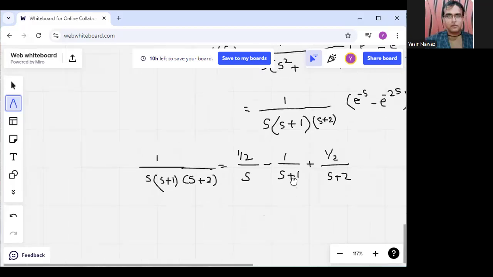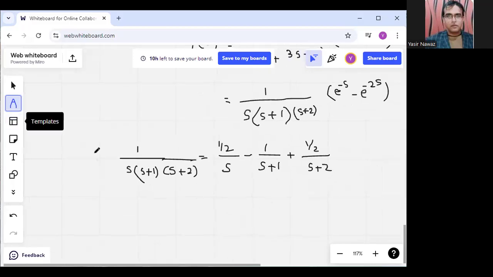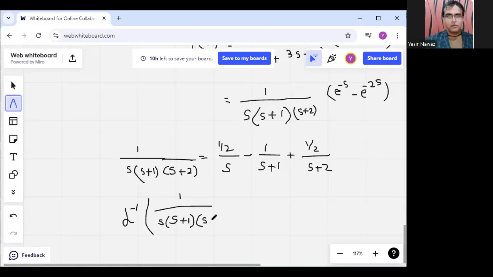Now I find the Laplace inverse of this. Here I apply the Laplace inverse on this side, and this side is 1 over s into s plus 1 into s plus 2.